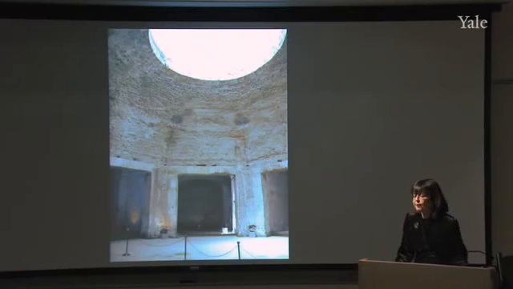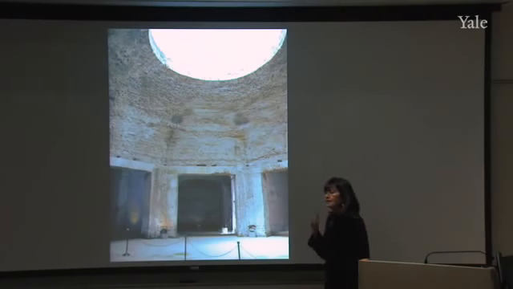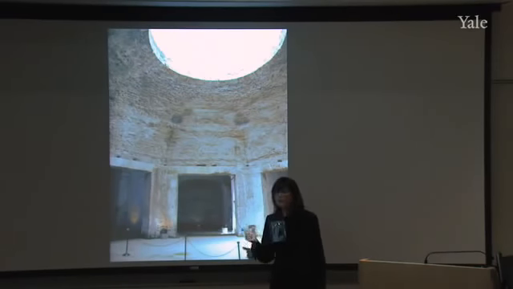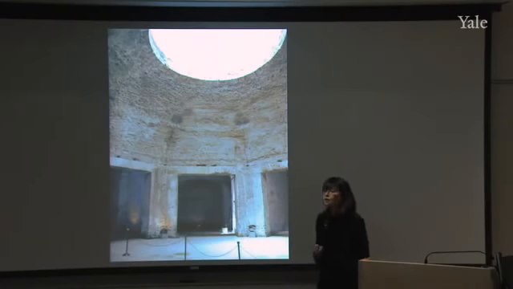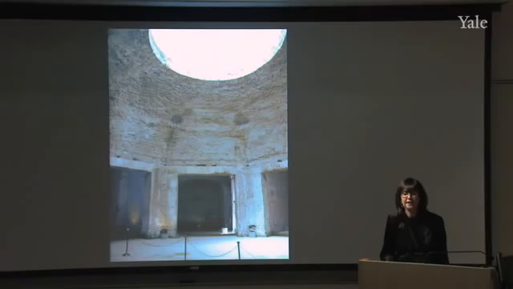The Domus Aurea paintings are important for three major reasons. The first reason is we can date them exactly. We know that these paintings, both of the third and the fourth styles, were done in the Domus Aurea between 64 AD and 68 AD.